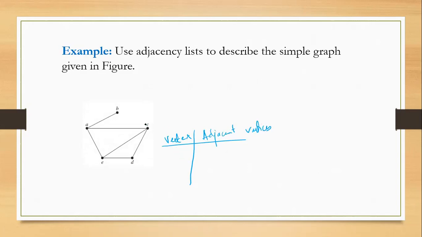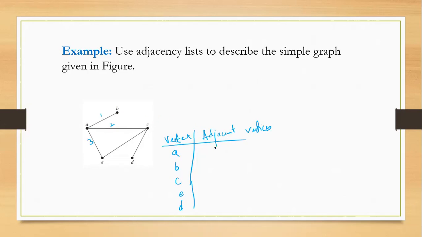Now, what are the vertices in this graph? We have 5 vertices. Just write all of those in this column: A, B, C, E, D. After that, to A, how many edges are connected to A? There are 1, 2, and 3. So we have to write to which vertex it is connected.